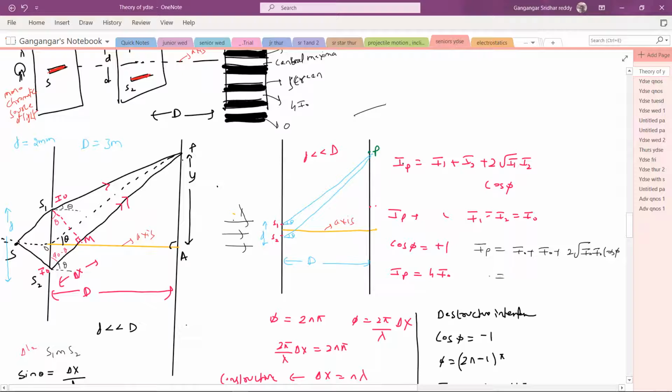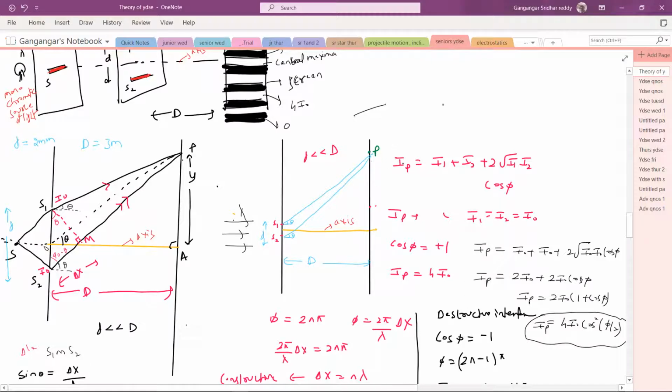This everything will become IP equal to 2 I naught (1 plus cos phi), or this will become 4 I naught cos square phi by 2. This is the expression for the resultant intensity at point P on the screen.